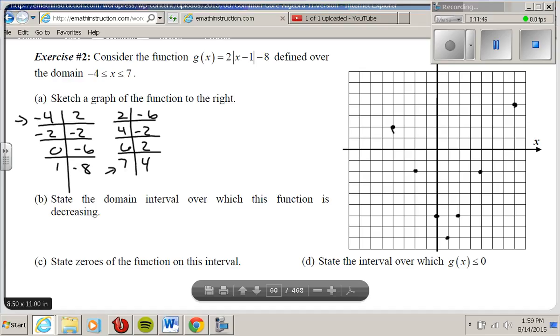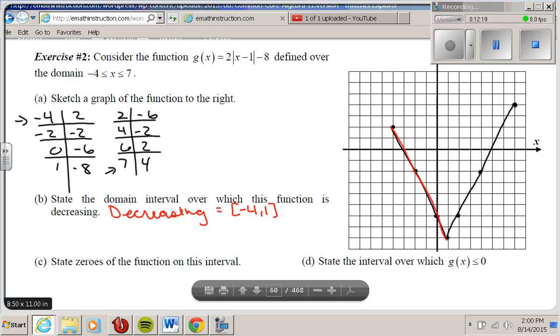Okay, so here's my absolute value. State the domain over which this interval is decreasing. So reading left to right, where am I going down? So here is where my function is decreasing, from -4 to 1.